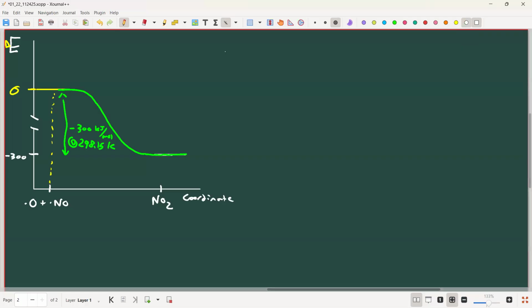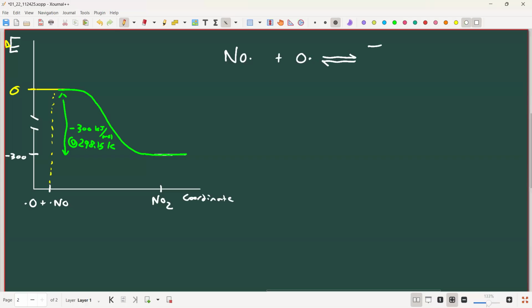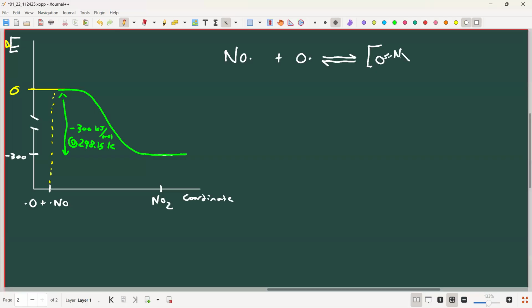So what we're going to have now is NO plus O. And it's going to react to form some excited state of our product. Something like that. Some excited state.